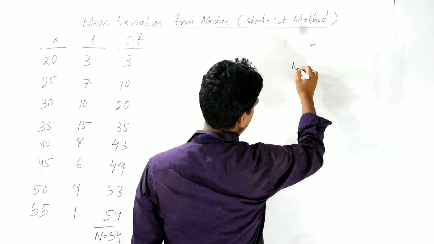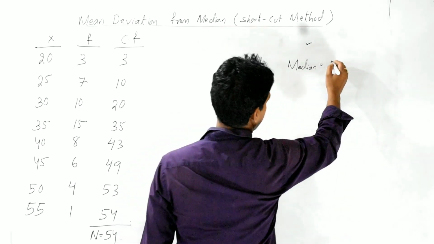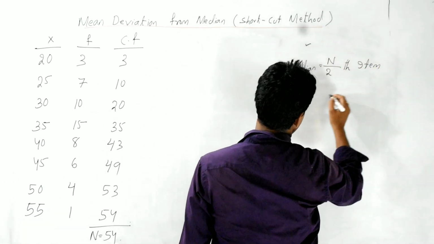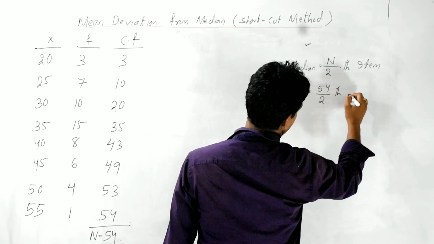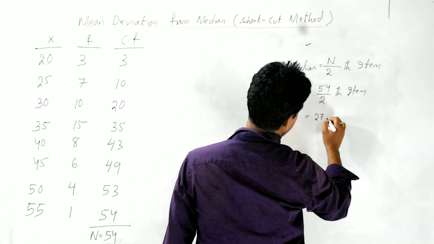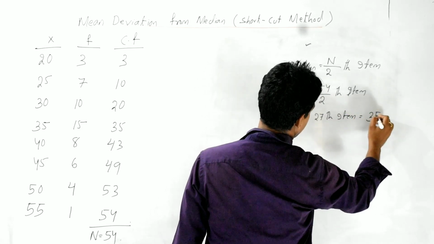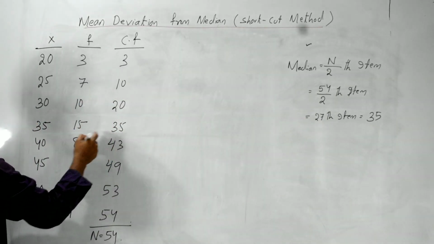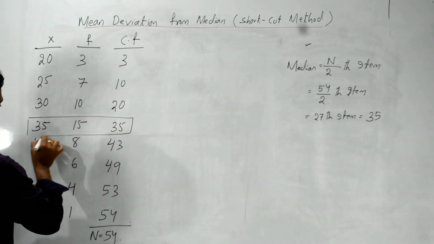So our median should be n by 2th item, that is 54 by 2th item, that is 27th item, equals 35, as 27 should be included in 35, so its variable is 35, so our median is 35.